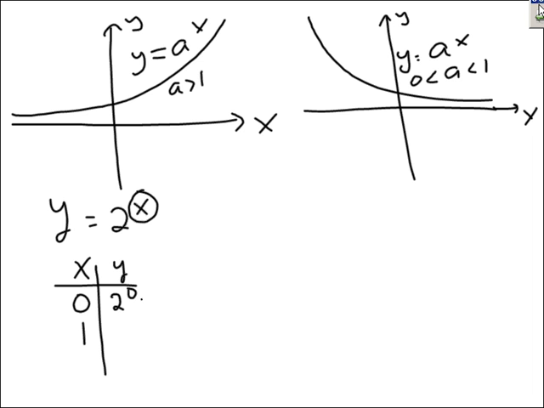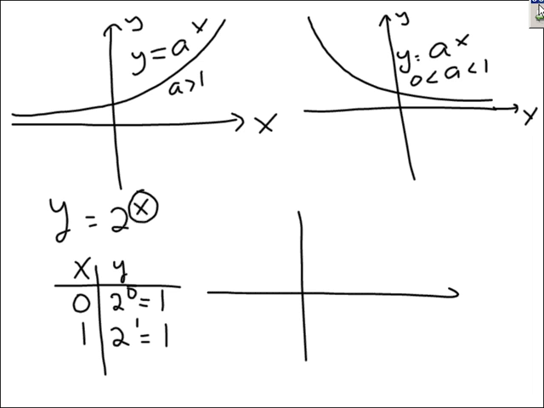2 to the 0, you have to know what that is, it's 1. And 2 to the 1 is 1. With these 2 points, and only these 2 points, we can graph this. When x is 0, I go up 1. Of course, there's an error here. 2 to the 1 is 2, excuse me.